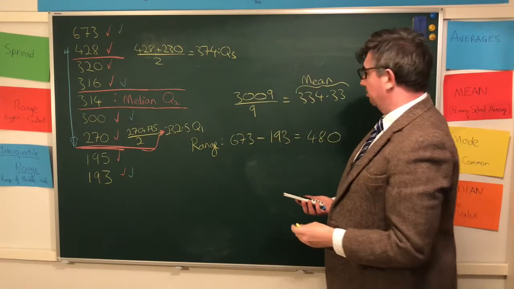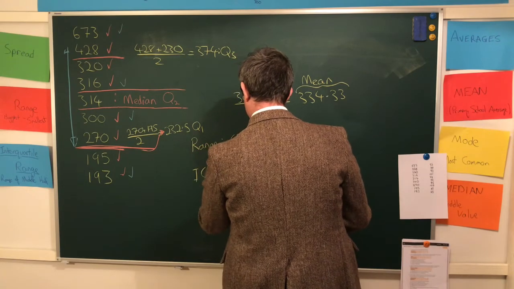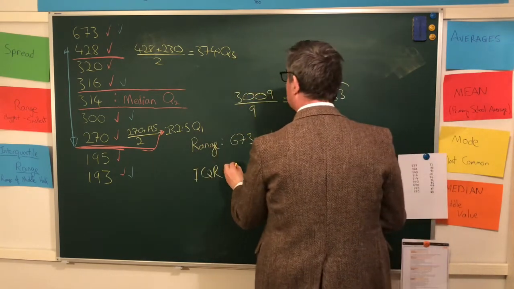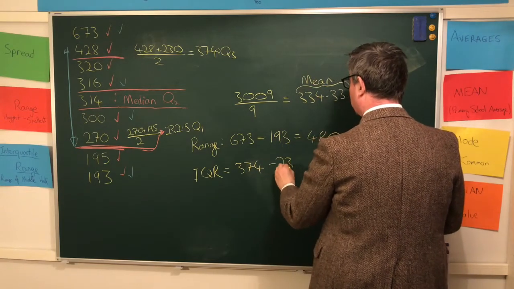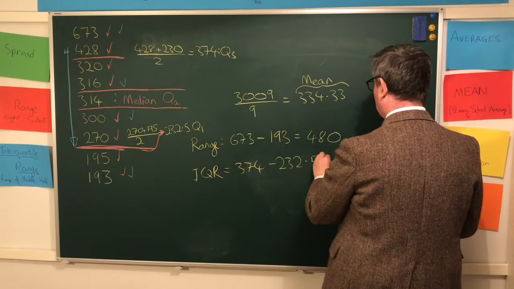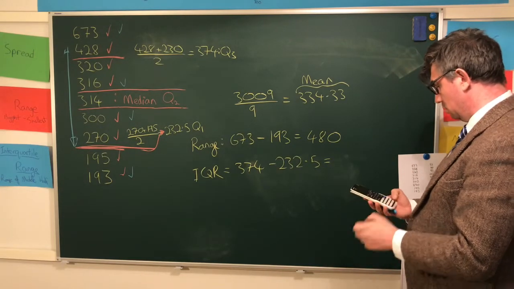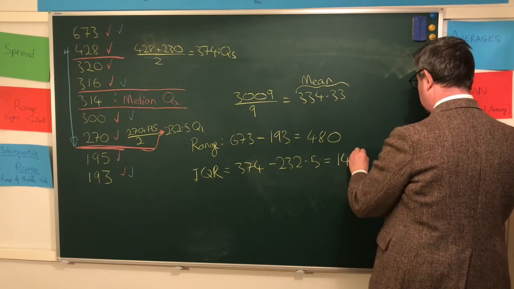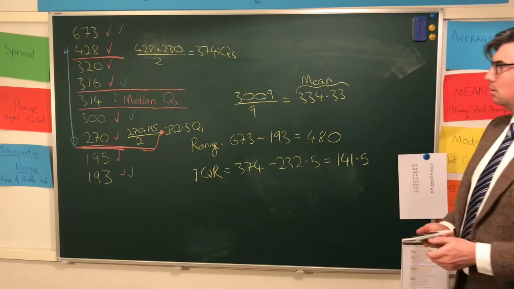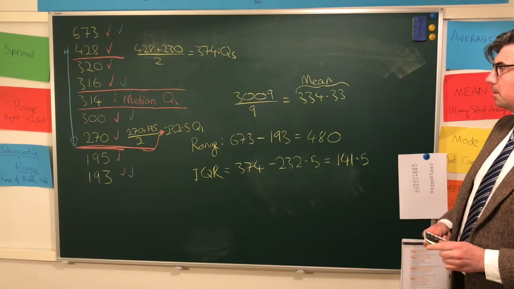So the interquartile range, let's call it IQR, is equal to 374 minus 232.5, and that's equal to 141.5. So the interquartile range is 141.5.